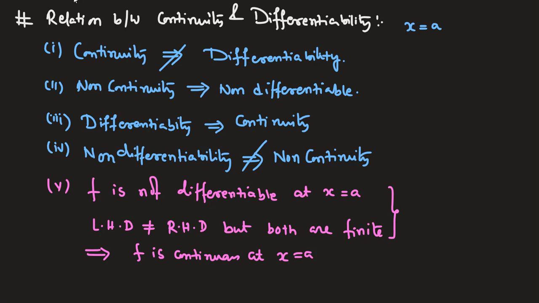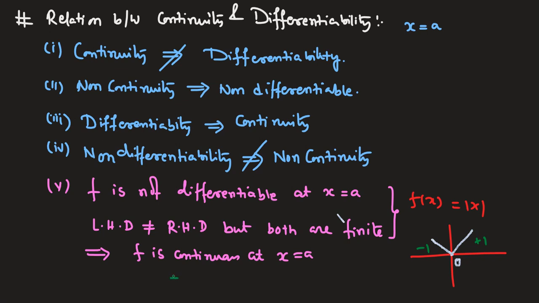One example you can consider, that very well known example, is the mod function. You notice that mod of x is not differentiable at 0, but at this point 0 the left hand derivative as well as the right hand derivative are finite. The right hand derivative we are getting here is plus 1, and the left hand derivative is minus 1.